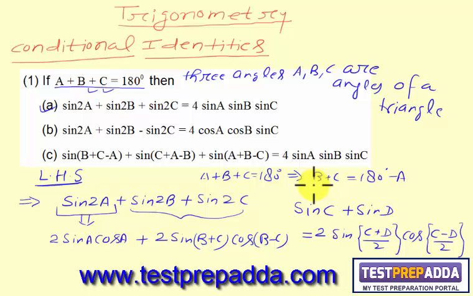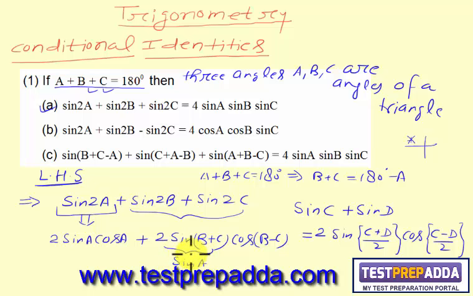So sine (B plus C) is equal to sine (180 minus A). 180 minus A will fall in the second quadrant where sine is positive, and since it is 180 minus theta, sine will remain sine. So in place of sine (B plus C), I can write sine A.